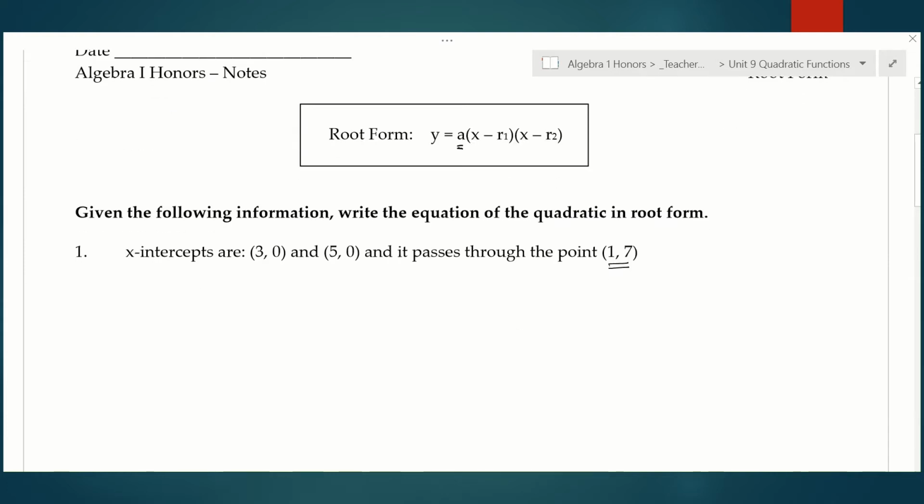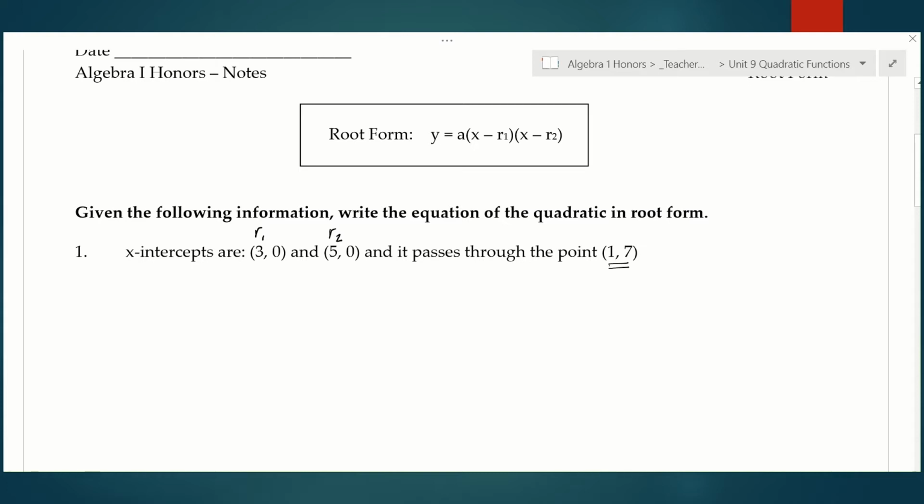What we're going to do is something similar to vertex form. We're going to plug in all of the information that we're given. Your x-intercepts are going to be represented by our r1 and r2 in our formula. They're considered our roots, so this is my first root and this is my second root.